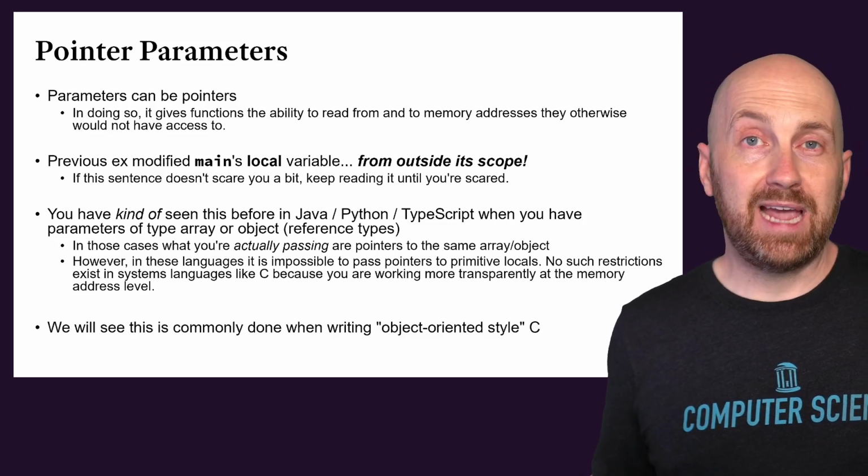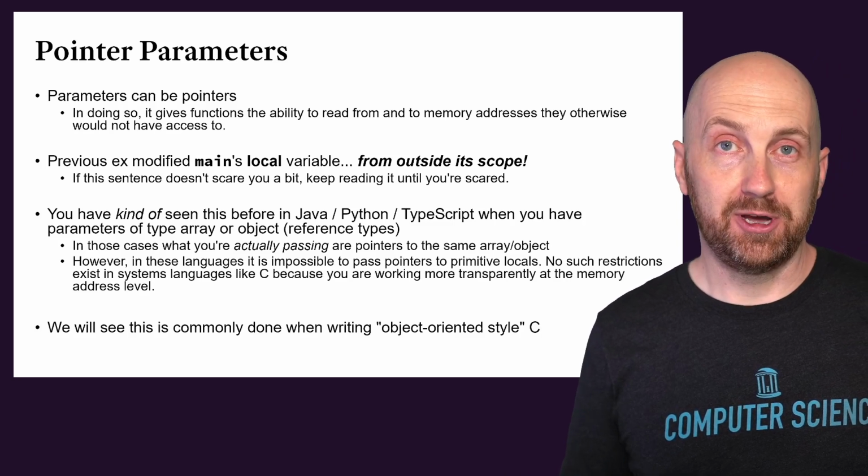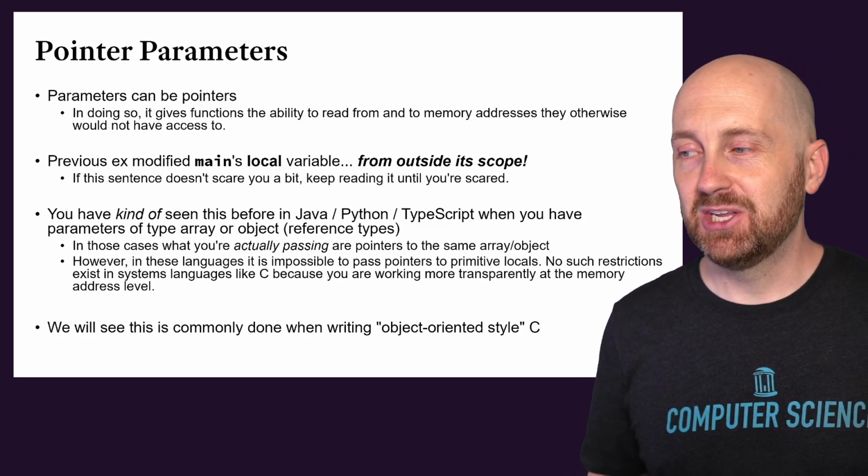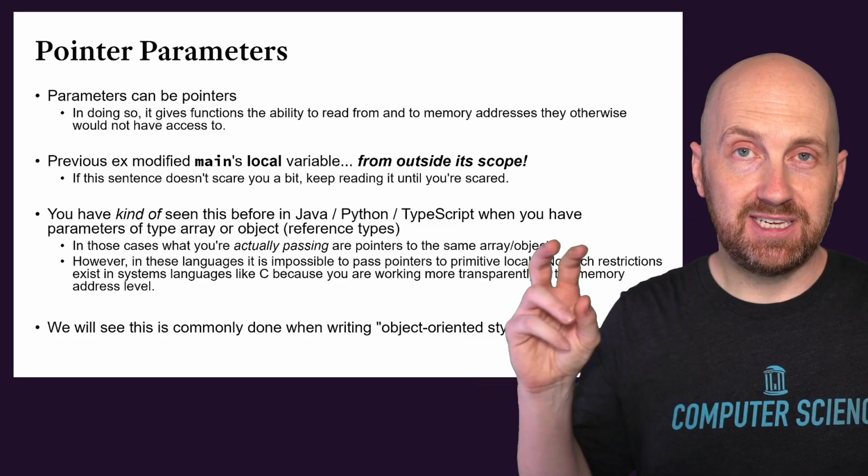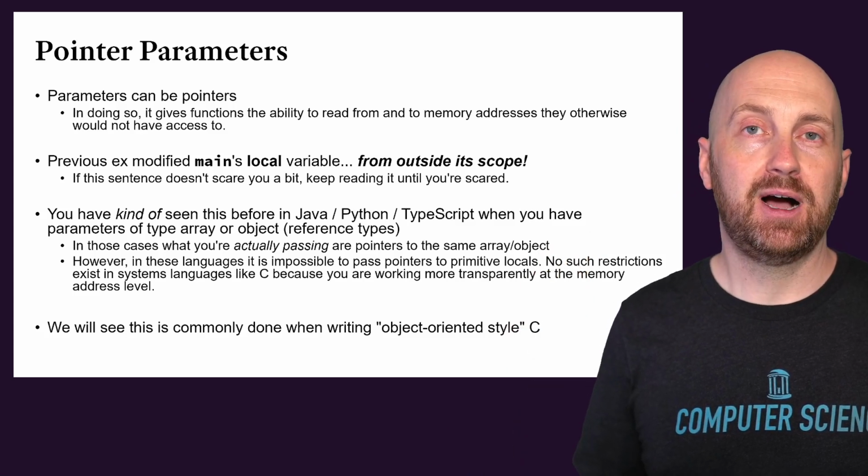So where we actually do make use of this for good and for a good purpose is when we're writing object-oriented style C, and I've got that in quotes because C doesn't have true objects.